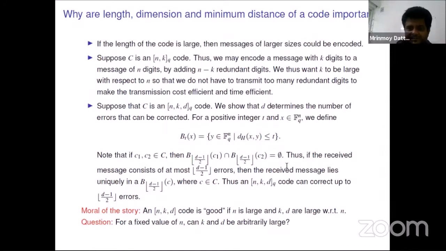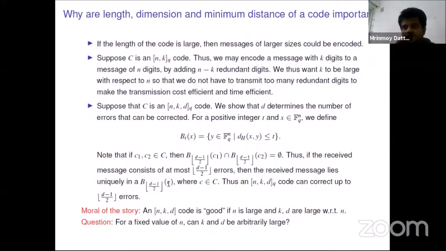I mentioned at the beginning that our distance function is a metric on F_q to the power n. Thus, if the received message consists of at most floor of (d minus 1)/2 errors, then the received message will lie uniquely in one of these balls around one of the points in our code.